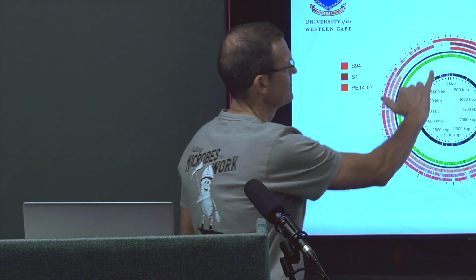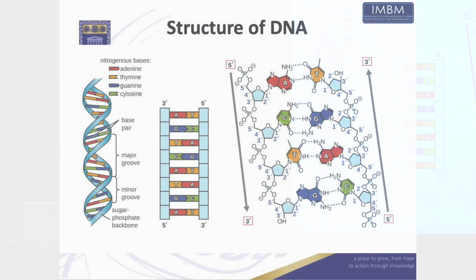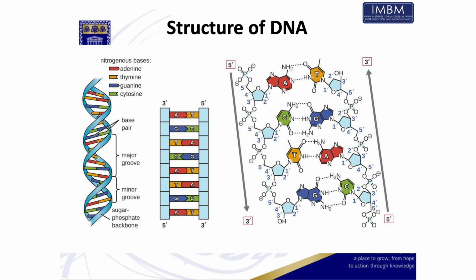So this is the so-called pan-genome. So even though you think you're dealing with the same bacterium, you are really not. And very often it's these segments that are different that encode these weird and wonderful biosynthetic gene clusters that we're after. Okay, so now I'm going to switch over to talk about the actual sequencing.